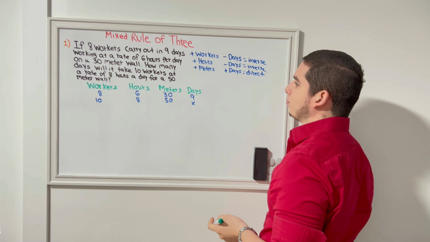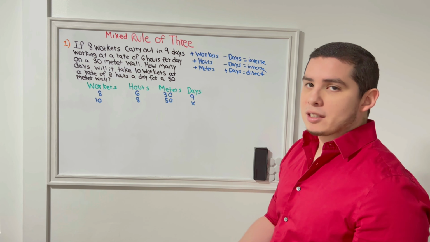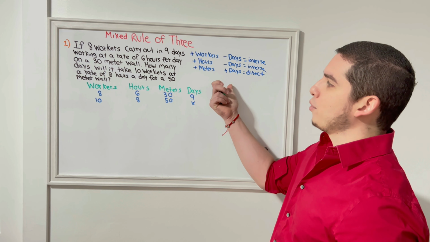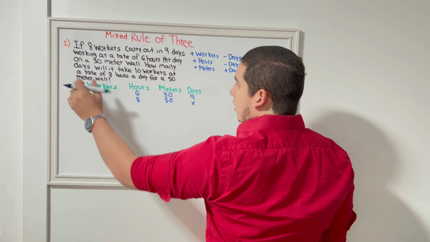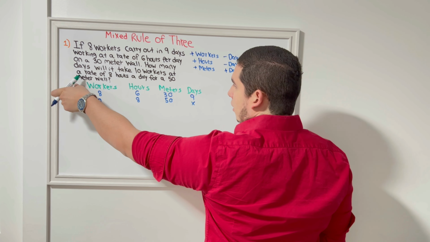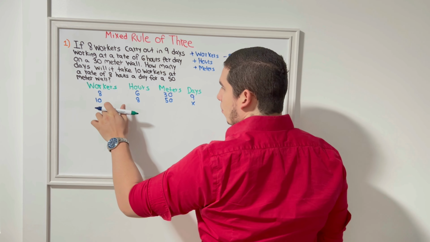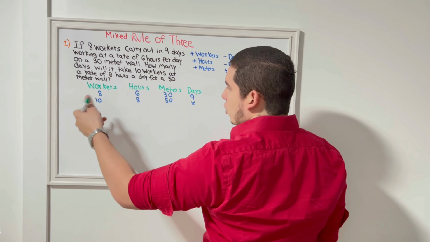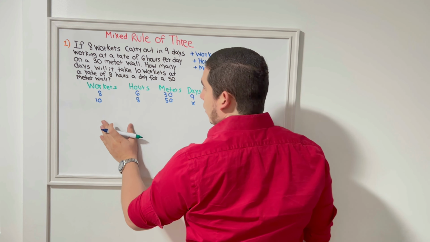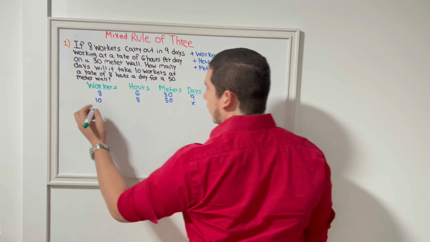rule of three. Perhaps you may be asking yourself, why do I have to do this? This is the reason. If the rule of three is direct, then we're going to leave the numbers as they are. Otherwise, we will shift them to their inverse form. Okay, let's do this.